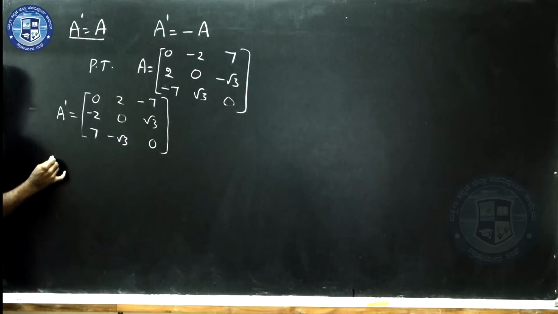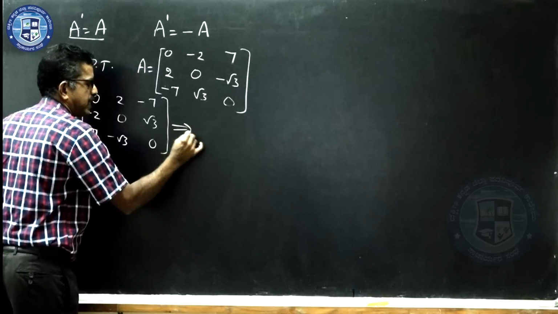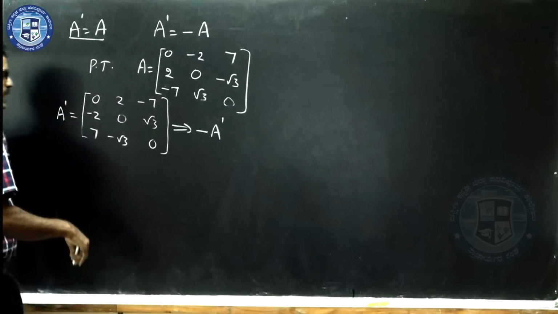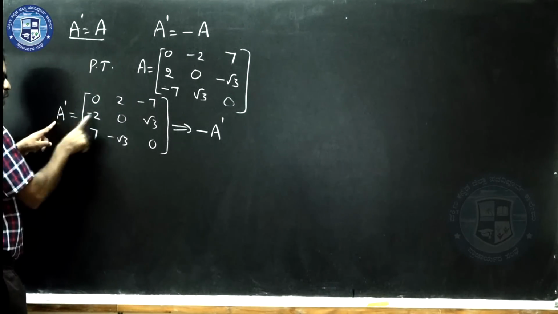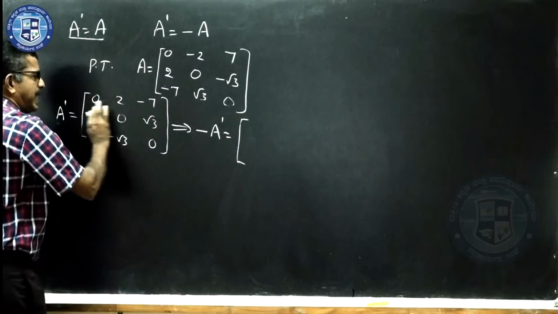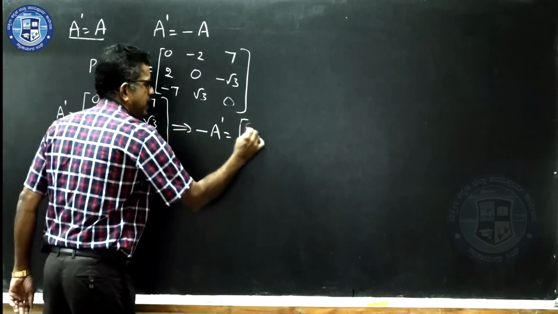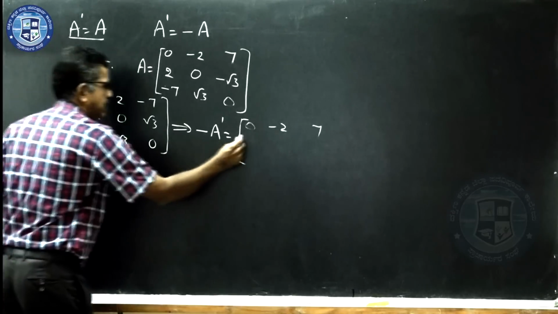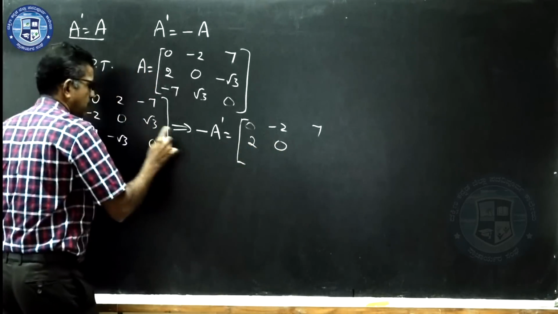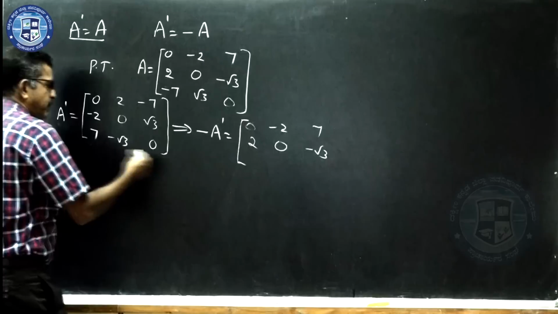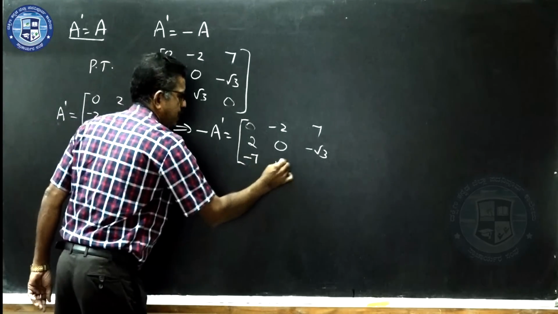Now I will find the negative of A dash. Negative of this would be, change the signs of all elements. It is 0, minus 2, 7, next 2, 0, minus root 3, and then minus 7, root 3, 0.